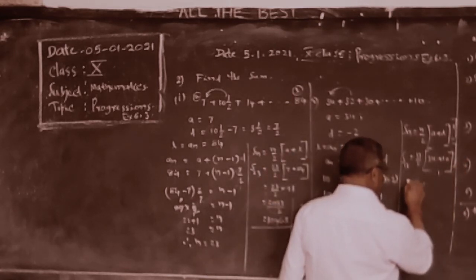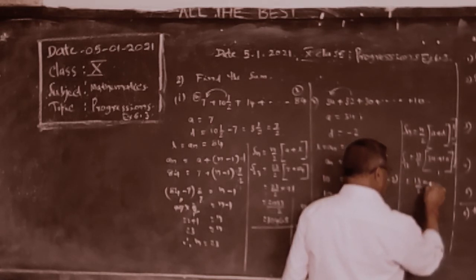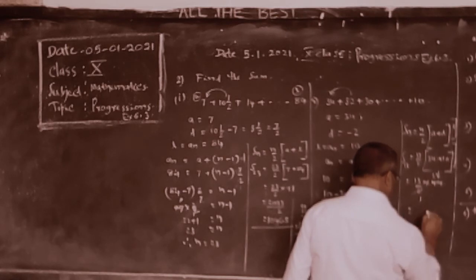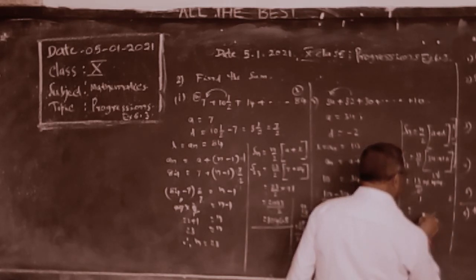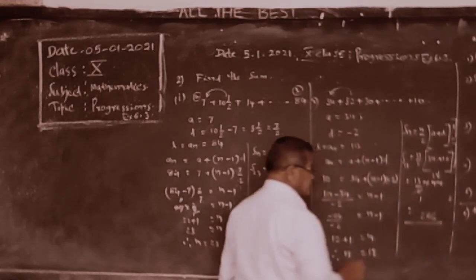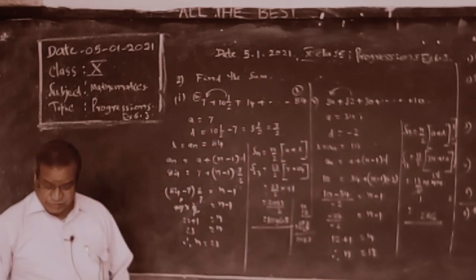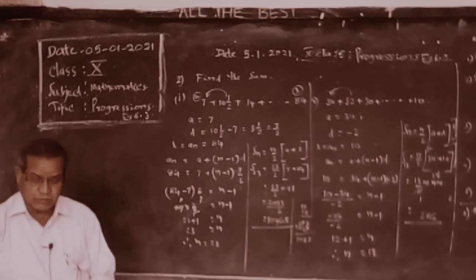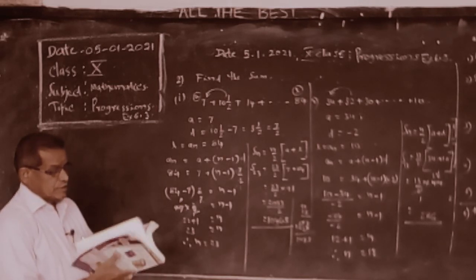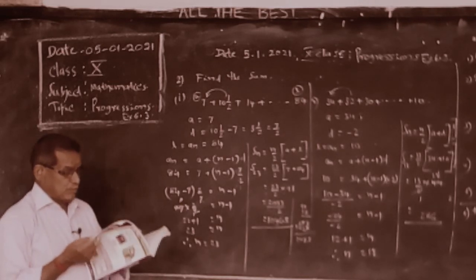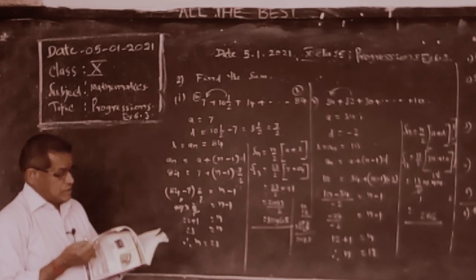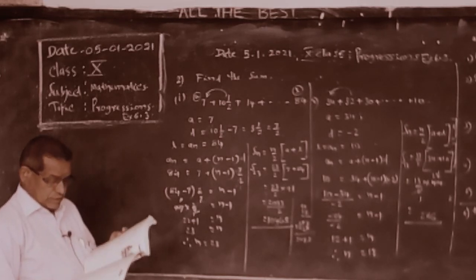Now 13 by 2 into 44, 2 ones are 22, 3 twos are 26, 26 twos are 286. 286 is the sum of 13 terms. So like this we have to do, and the others you do at home. 6.3.